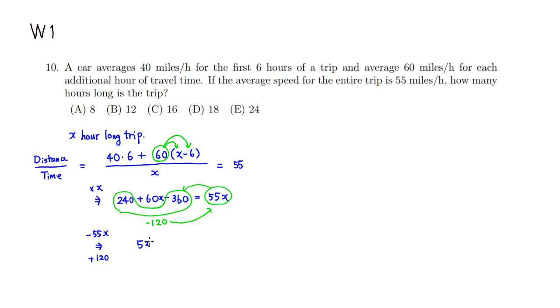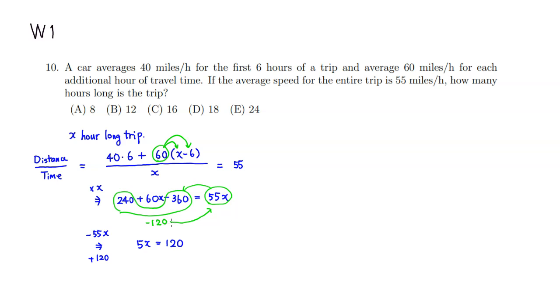And 55x minus 55x is gone on the right-hand side. Then we add 120, so that cancels 240 minus 360, and we still have 120 on this side.